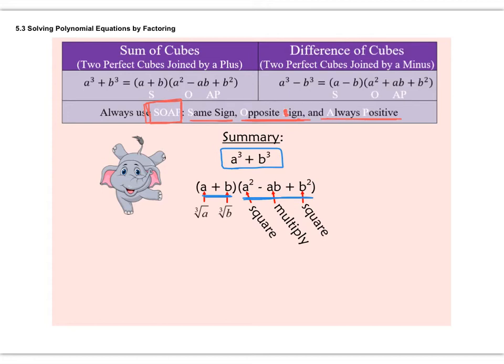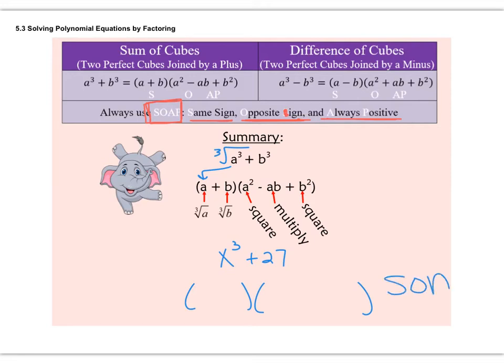So the very first one, you take the cubed root of that first term. It is written down here at the bottom so you can see it. We do the cubed root of the first term, and that's what goes here. Let me give you another example. If the problem was x cubed plus 27, I would set up my parentheses.